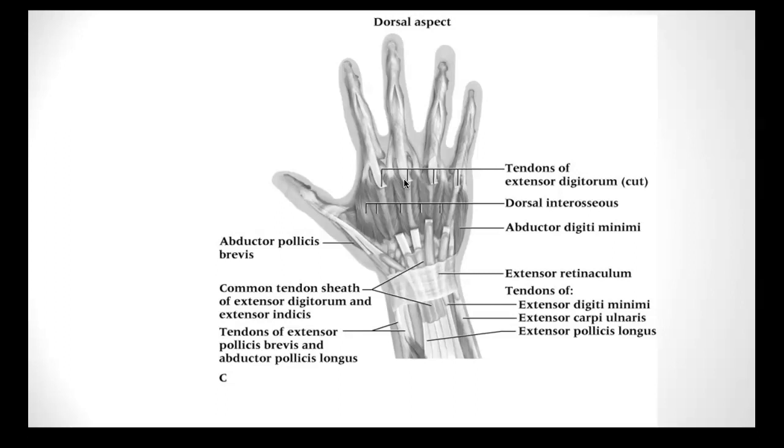And in some ways, it assists with interphalangeal joint extension as well. The other tertiary motion that your extensor digitorum plays in the wrist is it's going to assist with radial deviation as well. So we can see that those extensor digitorum tendons are extremely important. They play a major role in wrist function overall.